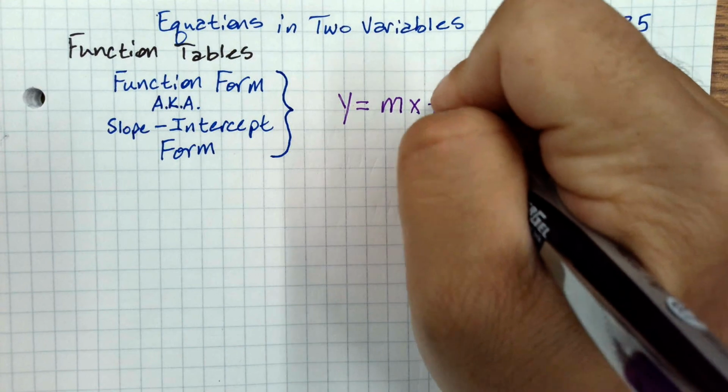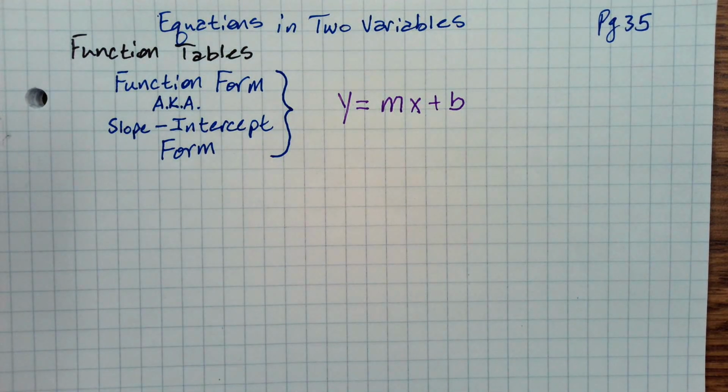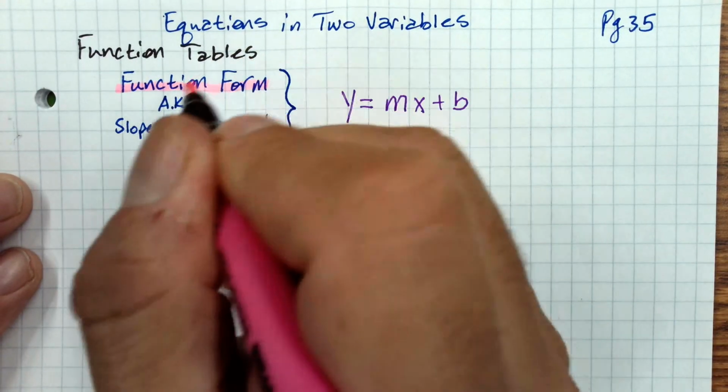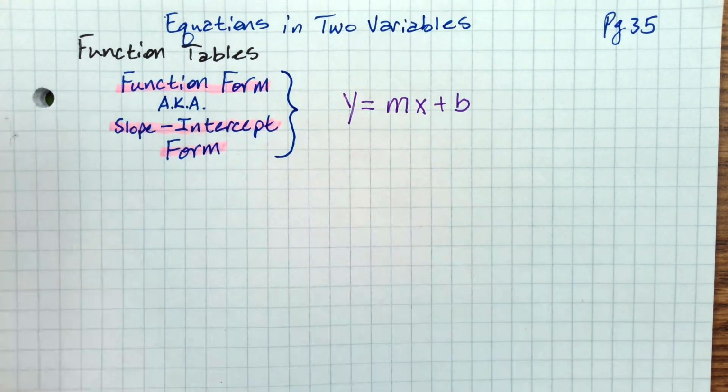X plus b. Y equals mx plus b. Okay? You will definitely have that etched, burned, blasted into your memory by the end of the year. Y equals mx plus b. To the point where when you start talking about it in algebra, you're like, oh, this is so easy.